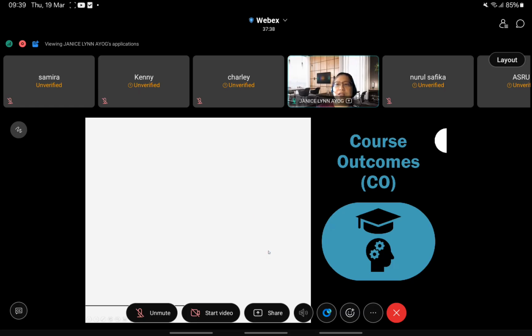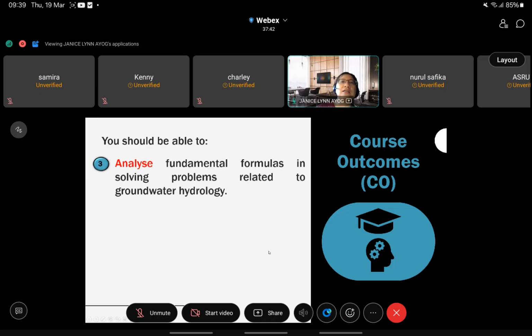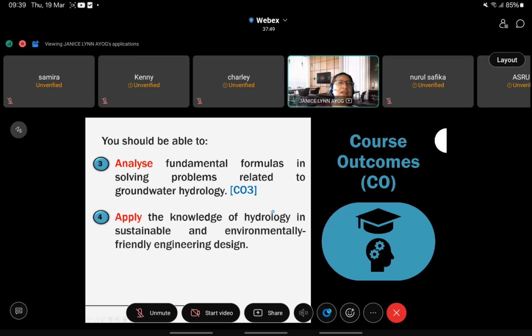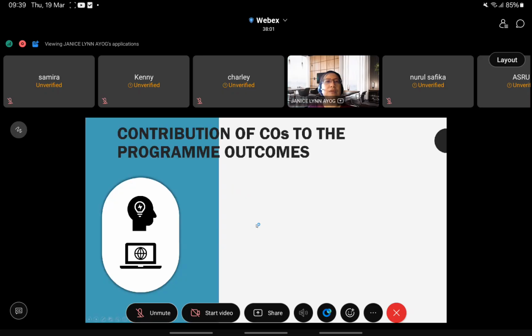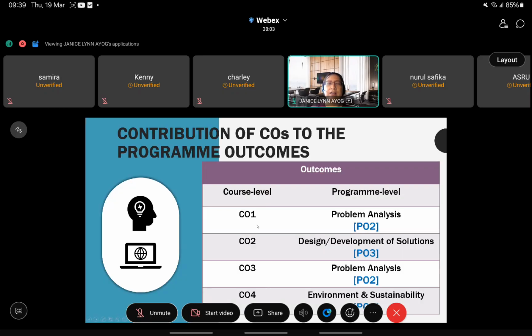The third course outcome is you should be able to analyze fundamental formulas in solving problems related to groundwater. And then finally, course outcome number 4 is that you should be able to apply the knowledge of hydrology in sustainable and environmentally friendly engineering design. Again, just the normal things, basically what the course outcome is related to the program level outcome.